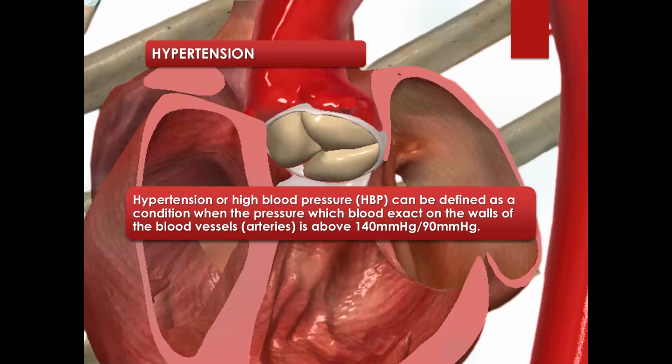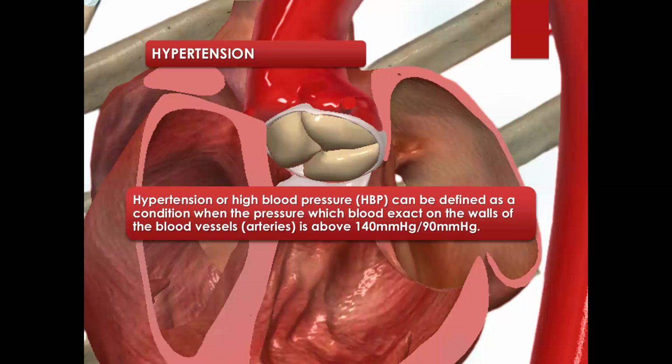And when the contraction pressure gets to 140 and above, it is hypertension. Then when the pressure that remains after this contraction fades in the blood vessels is up to 90 millimeter mercury, it is known as hypertension. That's the diastolic and the systolic pressure being high.